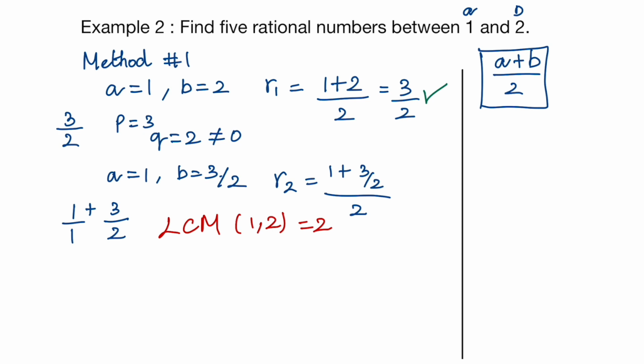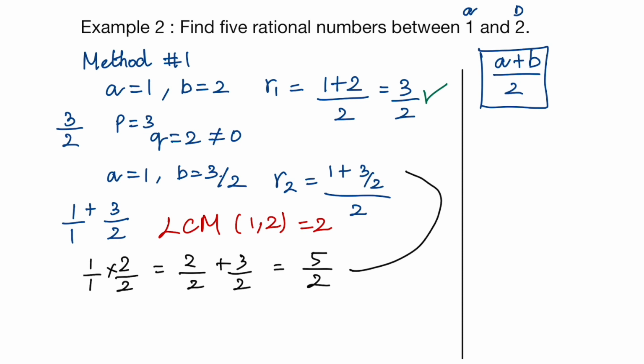So you multiply 1 divided by 1 with 2 divided by 2, which gives you 2 divided by 2 plus 3 divided by 2, that is 5 divided by 2.